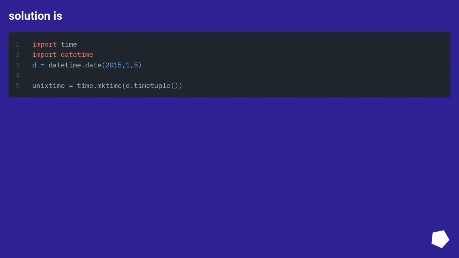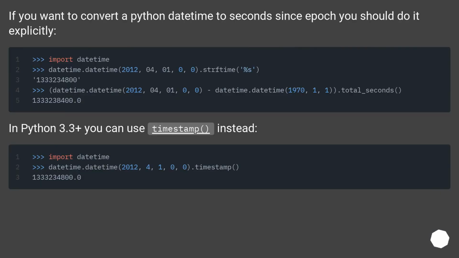Solution is: if you want to convert a Python datetime to seconds since epoch, you should do it explicitly.